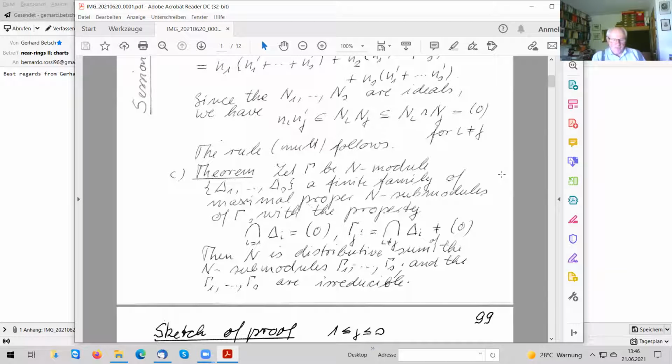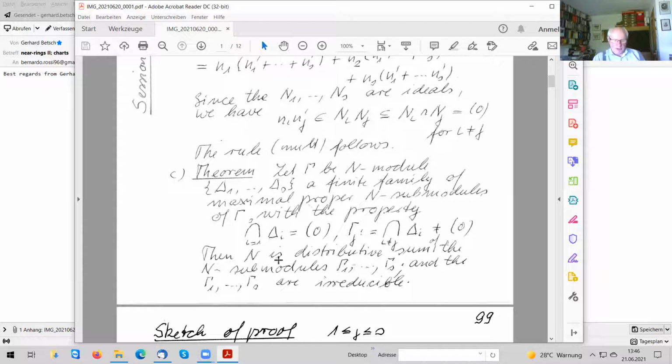Yeah, we start with theorem C, which was at the end of the last session. Let gamma be an n module, and we are given a finite family of maximal proper n submodules.